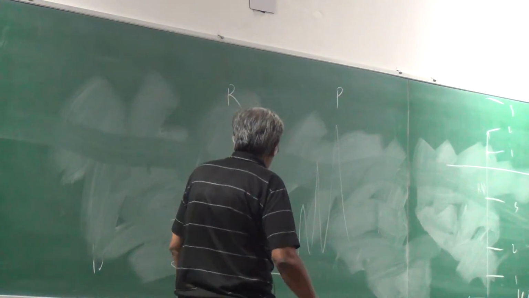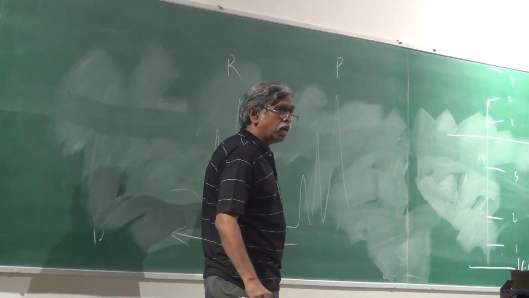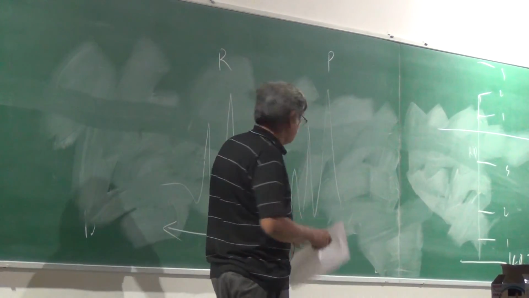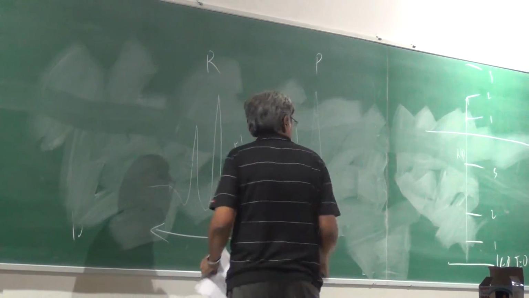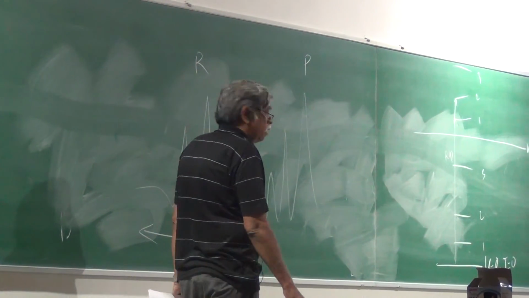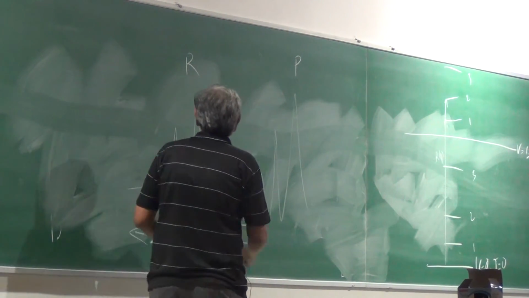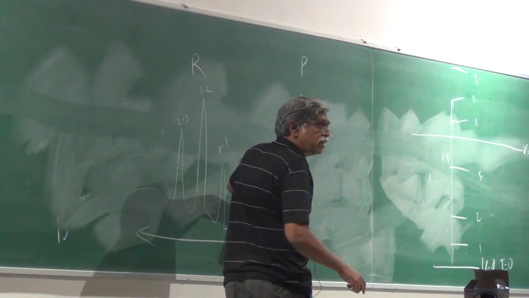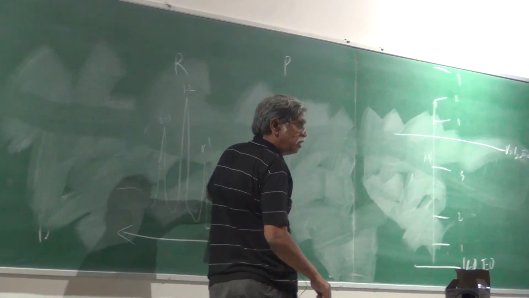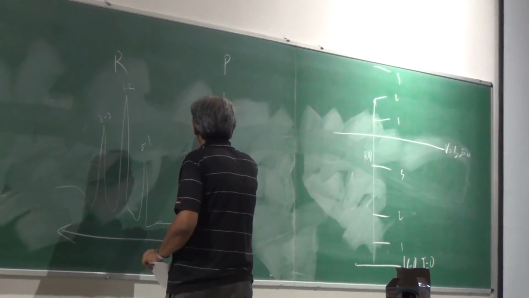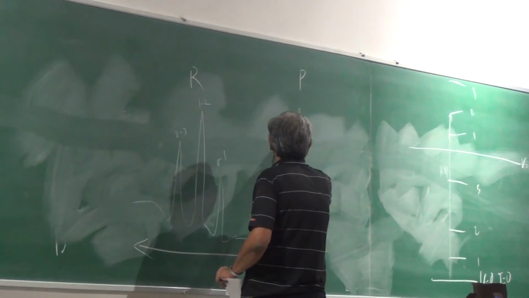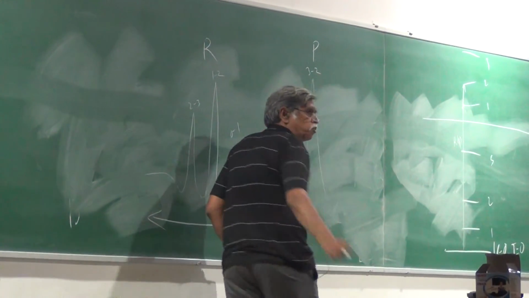That's R. If that's R, what's the first transition going to be? R0. And what's the R0 really? 0 to 1. So you always put that. And then if that's 0 to 1, what is this? 1 to 2, this is 2 to 3. On this side, that's the P branch, and therefore this must be 1 to 0. And then there's going to be 2 to 1, 3 to 2 and 4.